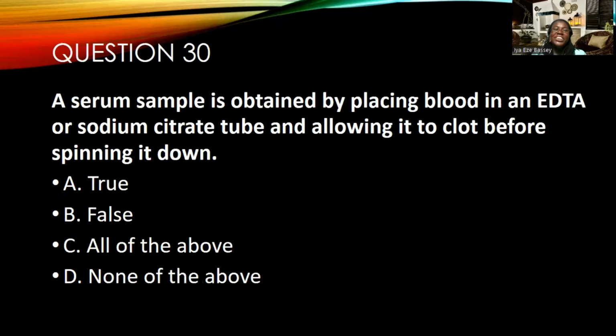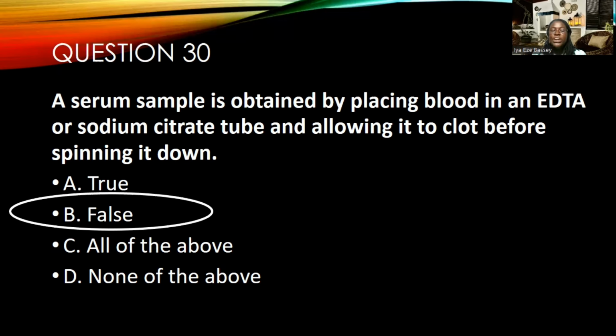All right, question 30. A serum sample is obtained by placing blood in an EDTA or sodium citrate tube and allowing it to clot before spinning it down. Is this true? Is it false? All of the above are true? None of the above? What do we choose?